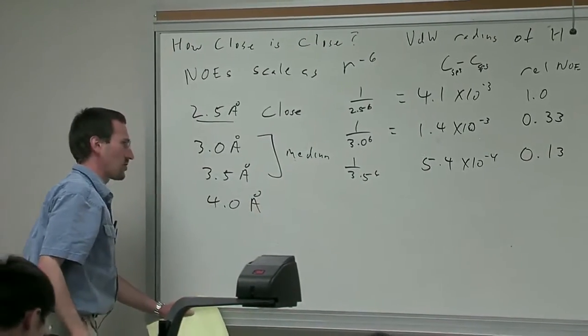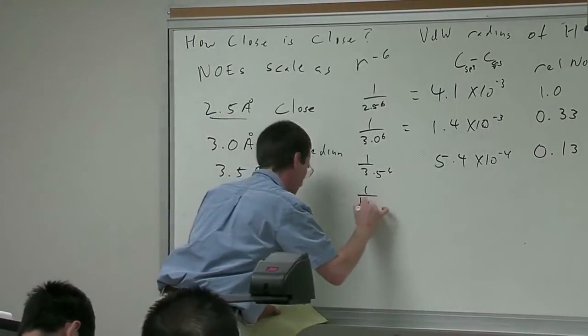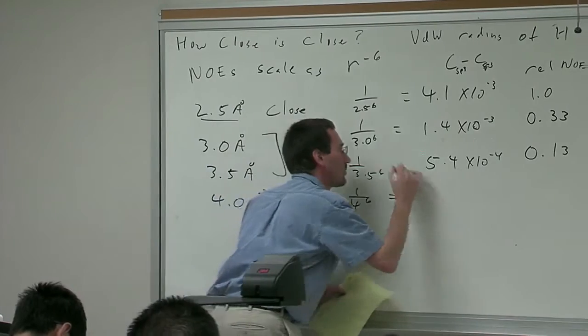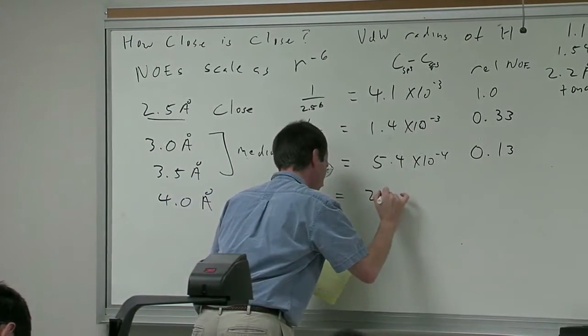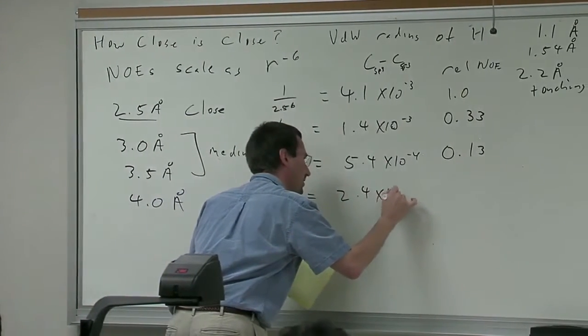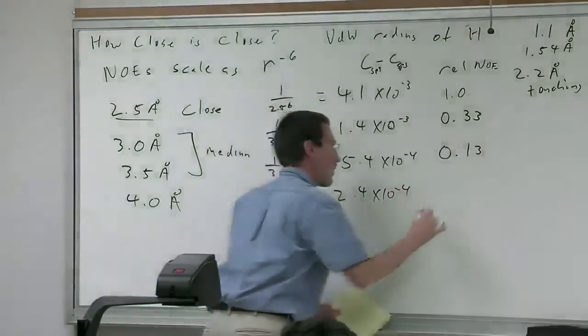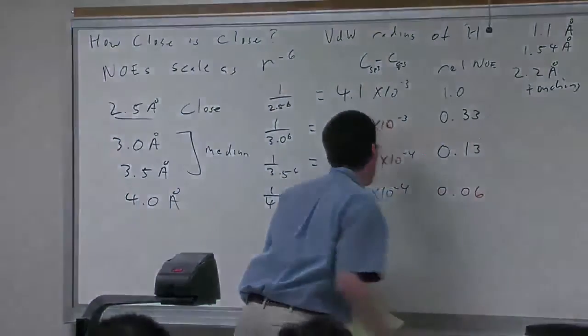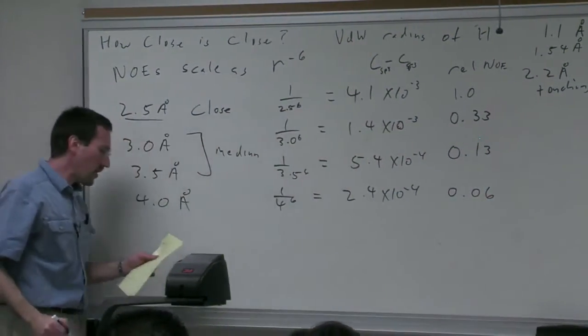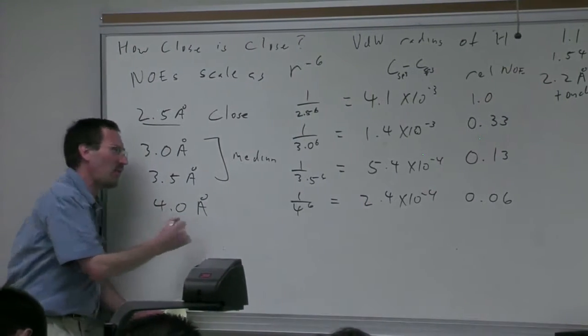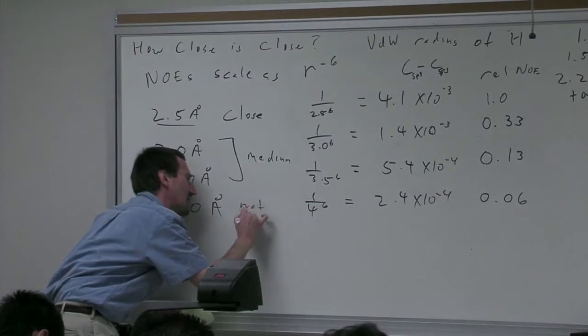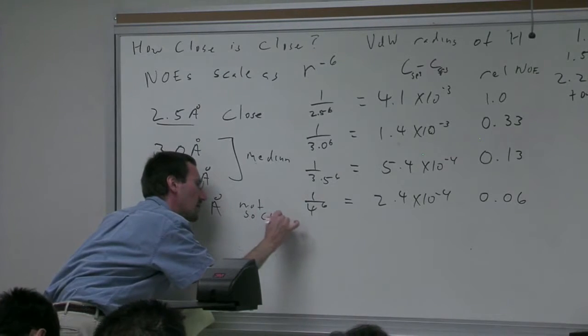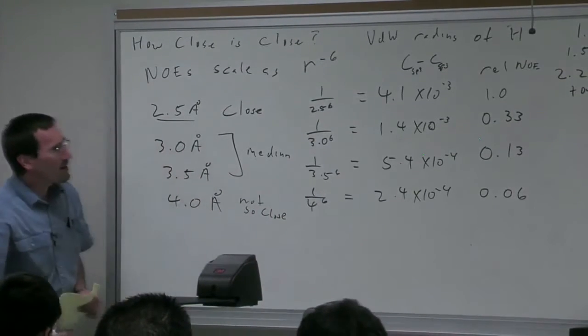Let's just continue our calibration. 4.4 angstroms, 1 over 4 to the 6th is equal to 2.4 times 10 to the negative 4. And now we're at 0.06. Now you might say, well, by the time you're at 4 angstroms, let's call it not so close. What do I mean?